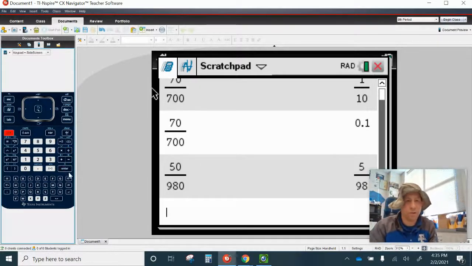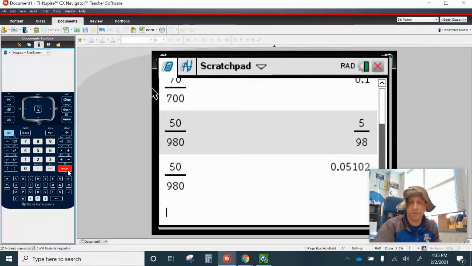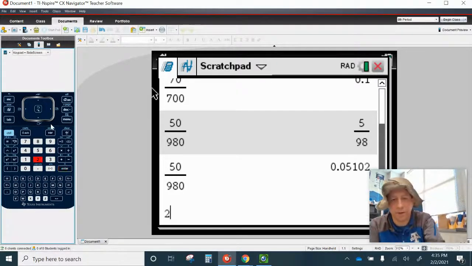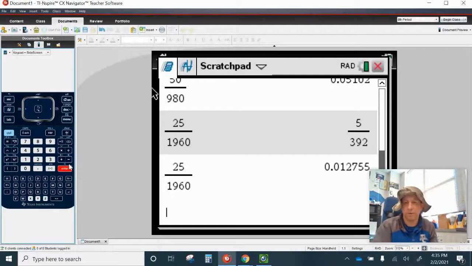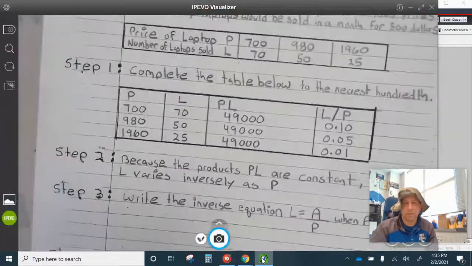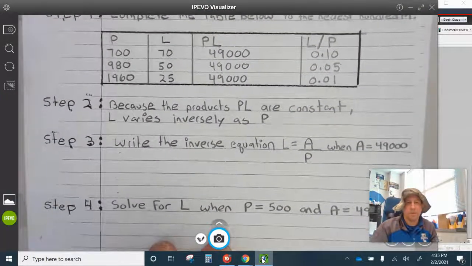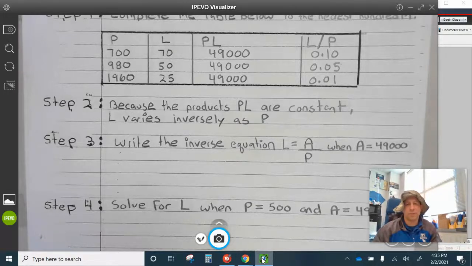Press Control Enter, and that's 0.05. And then 25 divided by 1960. Control Enter is 0.01. Okay. Because the products PL are constant, L varies inversely as P.